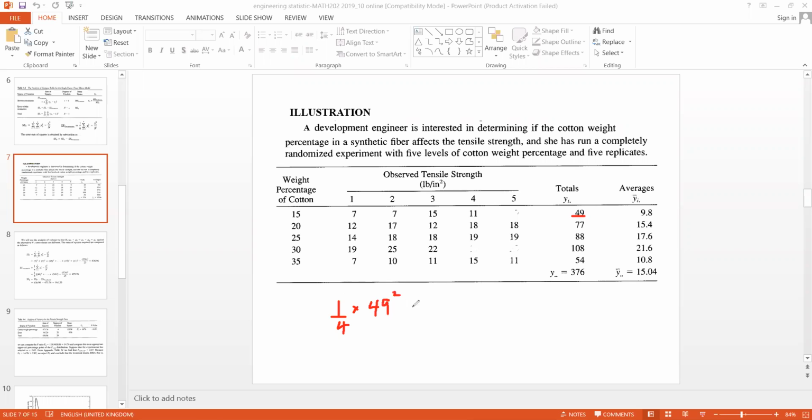plus 1 over 5. The 1 over 5 will apply to the row that has all 5 observations, because the n there is the number of replications for the treatment.